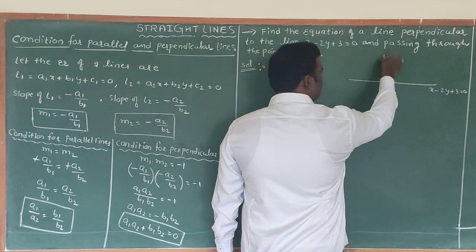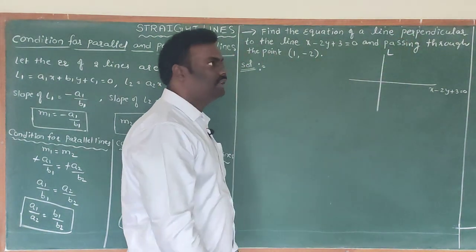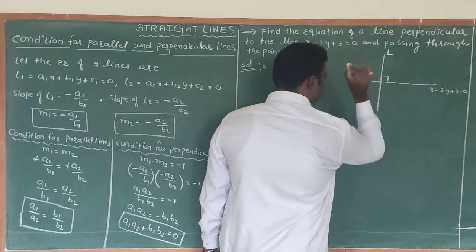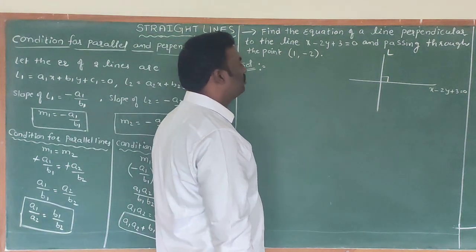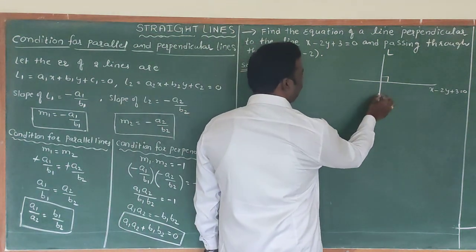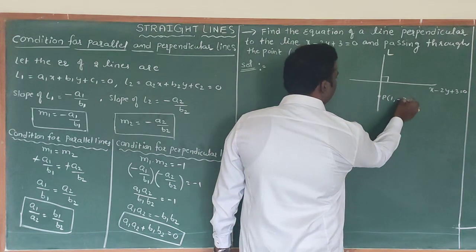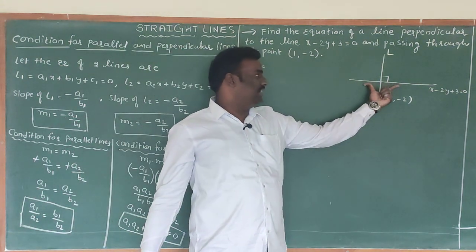We need to find this line. This line name is L. These two lines are perpendicular and this line is passing through the point 1 comma minus 2. This line is given.